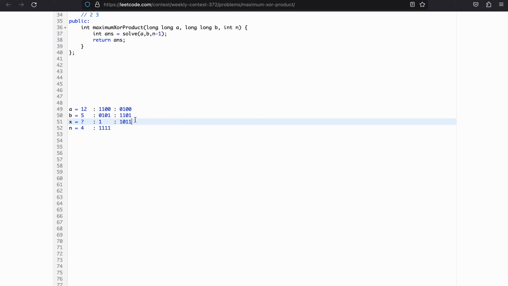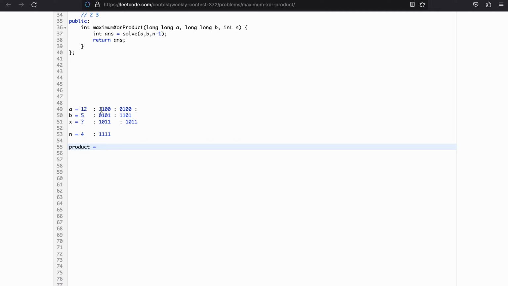So now the numbers become changed. Here we take the XOR with the number 101, so the number becomes, with the product, 001.